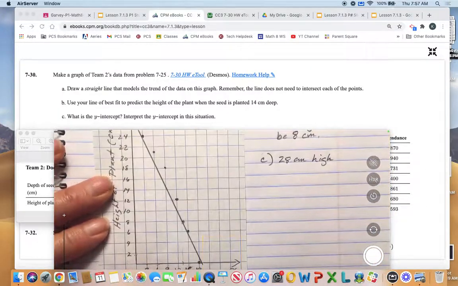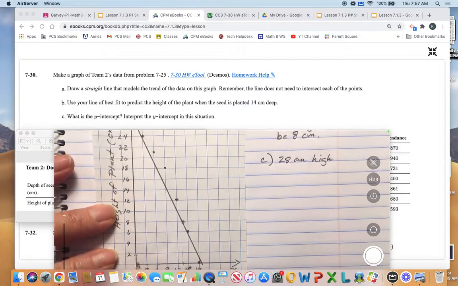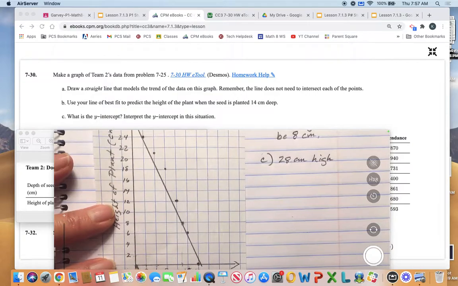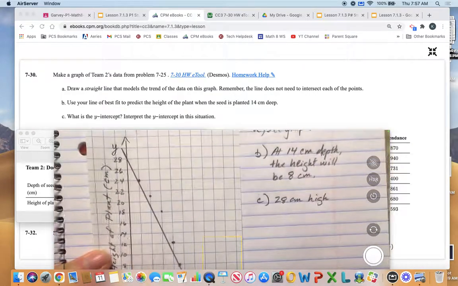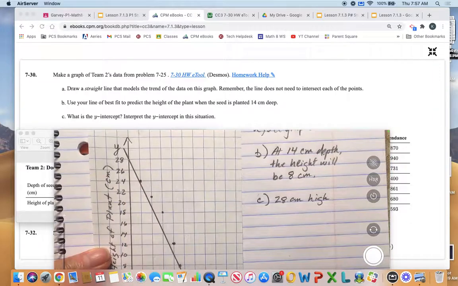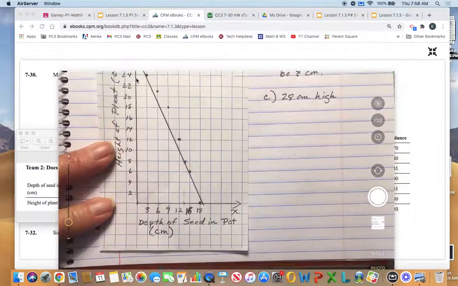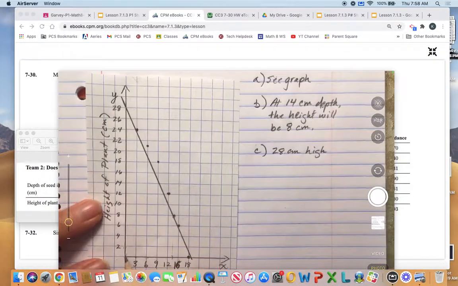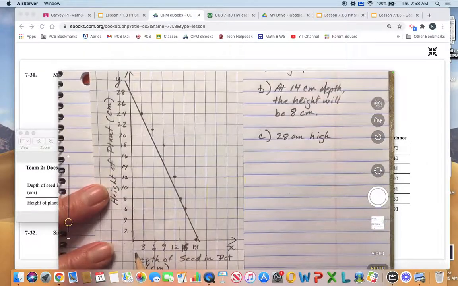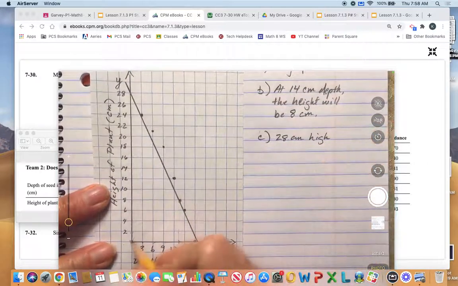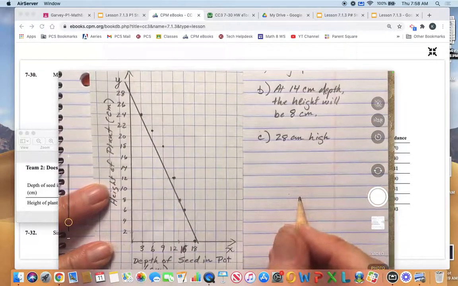Okay, so in this situation, that would mean if we didn't plant it at any depth at all, if it were sitting on top of the ground, then potentially it would grow the highest. So do we know that that's true? Not really, because we haven't experimented with it. But potentially, if we just put the seed on top of the ground, it may grow to 28 centimeters high.